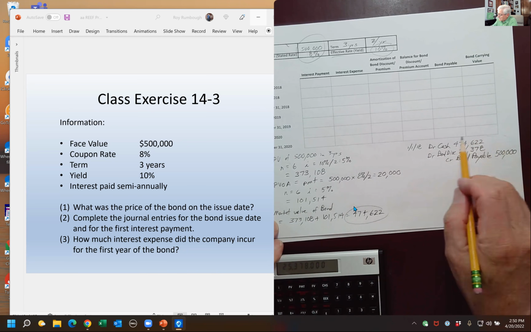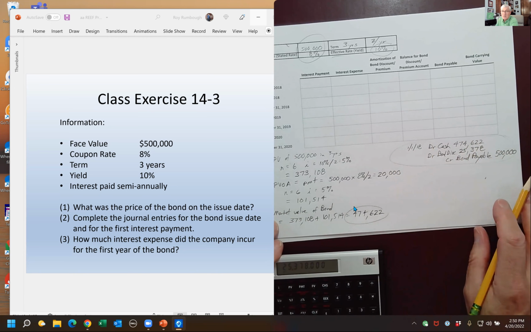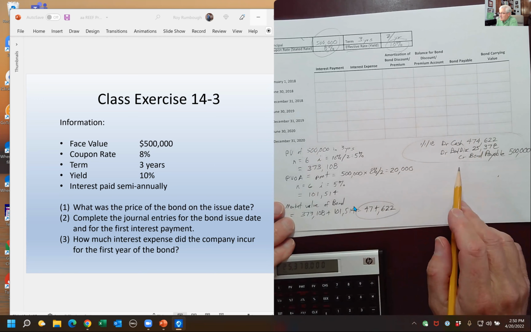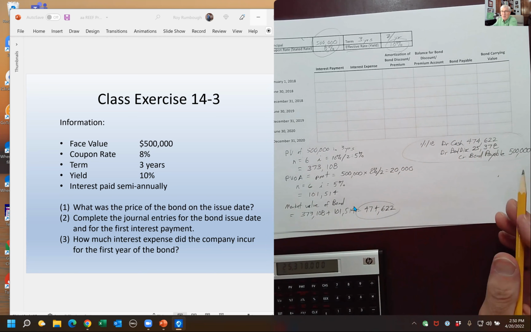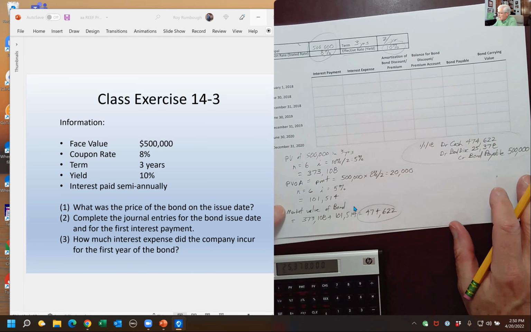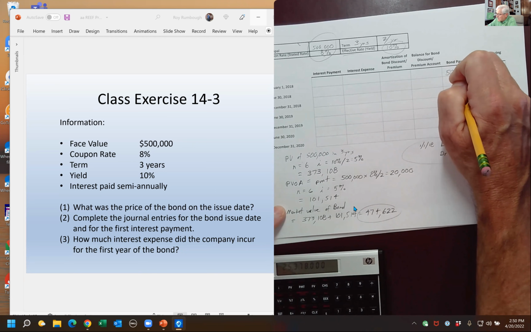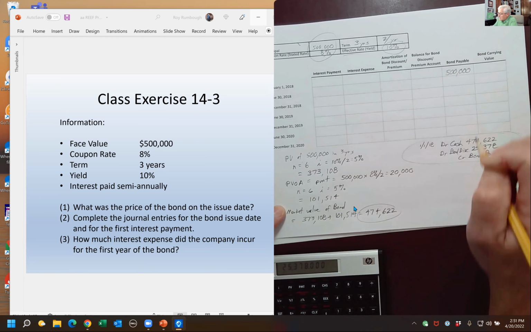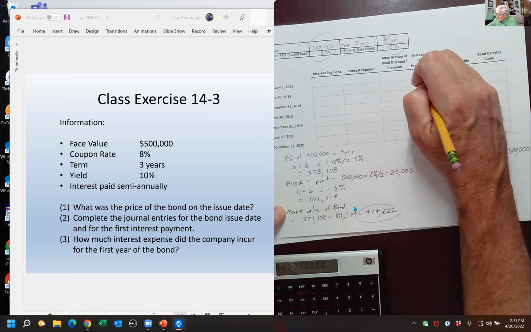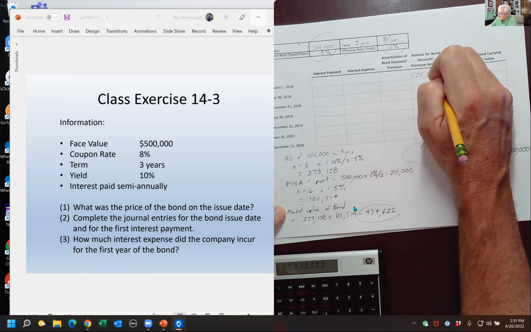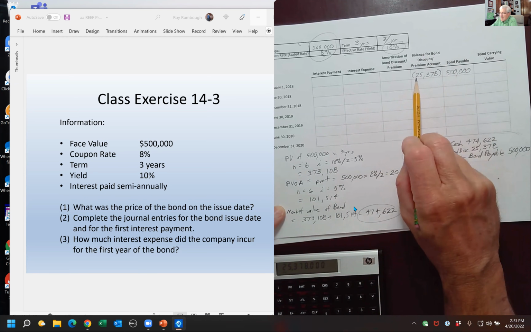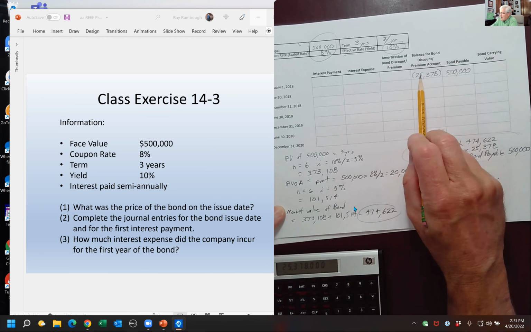So I want you to keep these entries in perspective, and I will ask for those from my students. But when we do the table, it's basically a way of reflecting those balances and doing the journal entries versus a T account. So we're going to have in that bond payable account 500,000, and we're going to have a debit of 25,378. And so the carrying value is bonds payable minus a debit, because this is a credit, that's minus a debit.